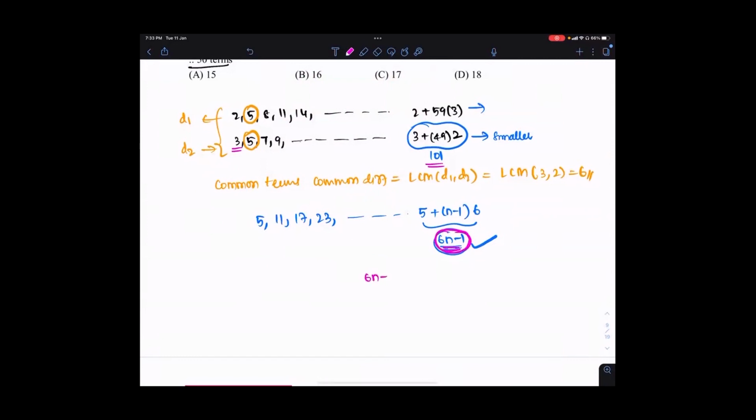So if you write 6n minus 1 less than or equal to 101, you'll get 6n less than or equal to 102, so n less than or equal to 102 by 6, which is 17. That means the 17th term will be 101.